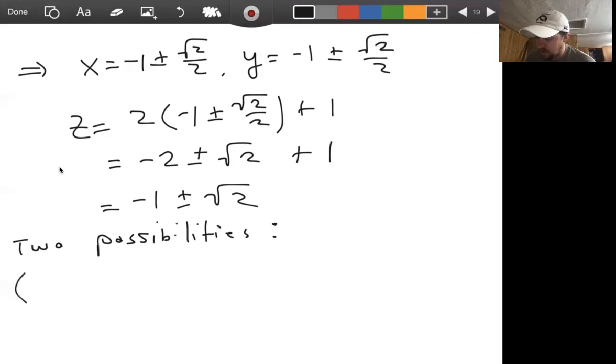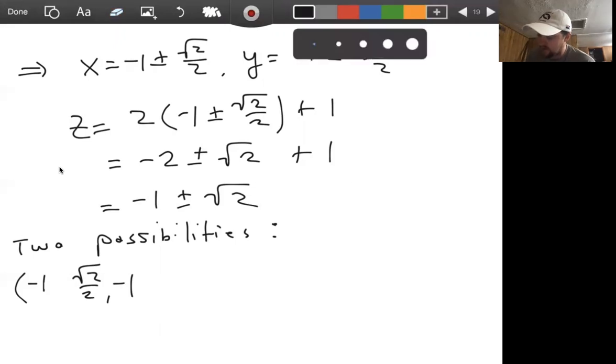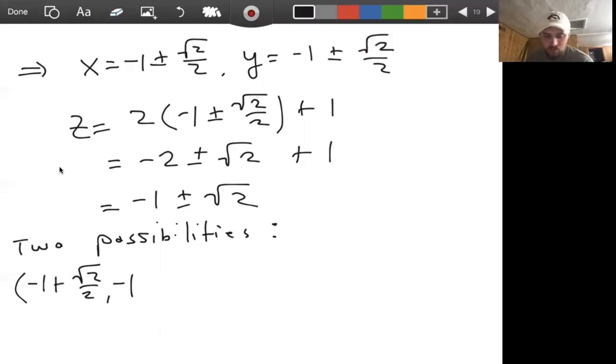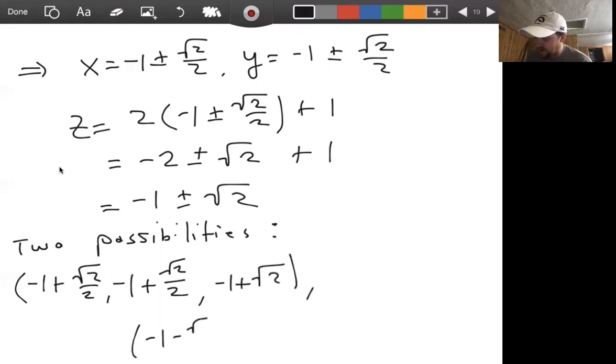So let's write them separately. I like that a little better. So how about -1 plus √2/2, -1 plus √2/2, and then -1 plus √2. That's one possibility. The next possibility is -1 minus √2/2, -1 minus √2/2, and -1 minus √2.